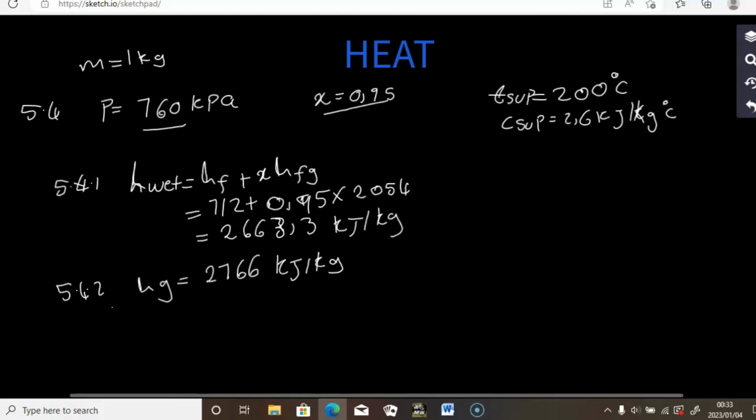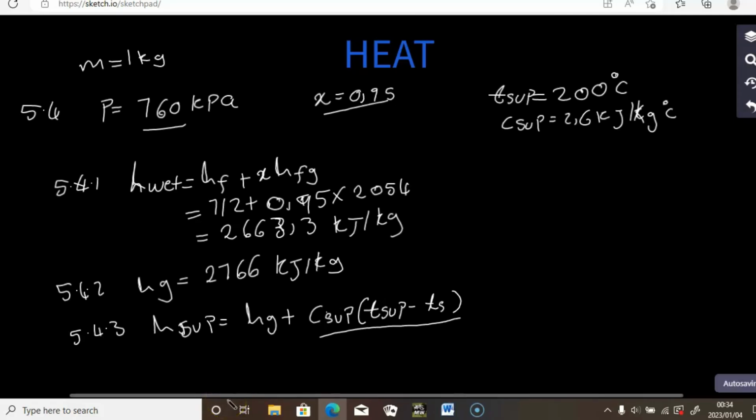So remember, the formula to calculate superheated steam is H sup, and it is equal to Hg plus the specific heat capacity of the superheated steam, times T sup minus Ts, which is the saturation temperature.